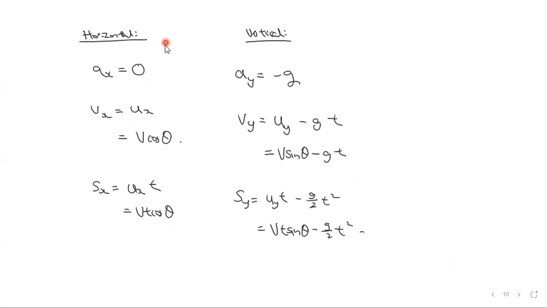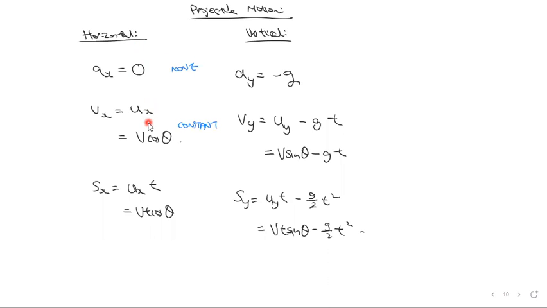So remember, in our projectile motion, we've said that your horizontal has no acceleration, none, in the horizontal direction, which means that the velocity is constant.